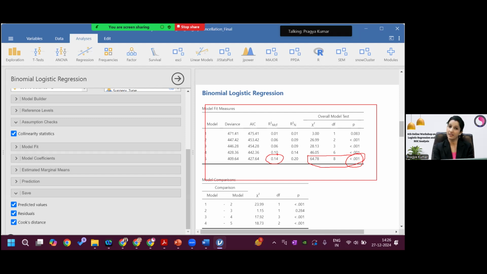But this is not the interpretation in logistic regression, because here it is based on probability, and that's why they are known as pseudo R square, the McFadden. It is not the true R square. They just represent the improvement over the null model. So I would write that there is a 14% improvement over the null model, seeing the value of McFadden R square. Did you get, Anuradha, what I was telling regarding these model fit statistics?